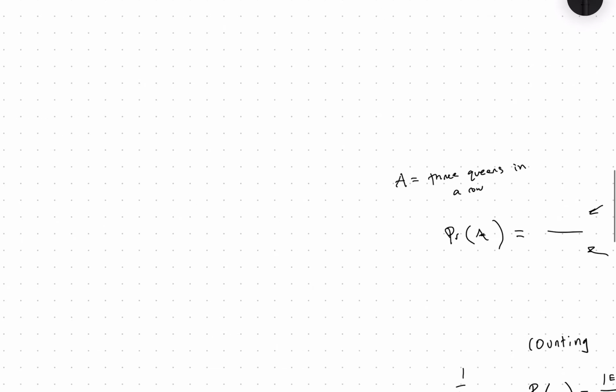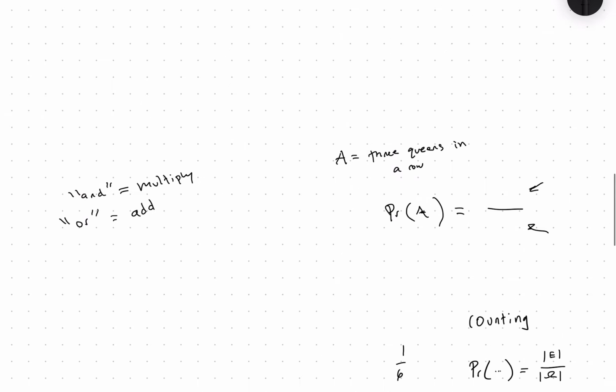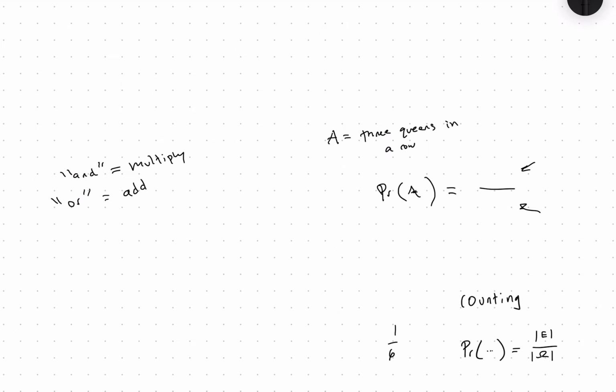There are a couple of strategies. When you hear "and," you think multiply. And when you hear "or," you think about adding. Obviously there are exceptions to this, but that is a useful thing that I keep in mind.